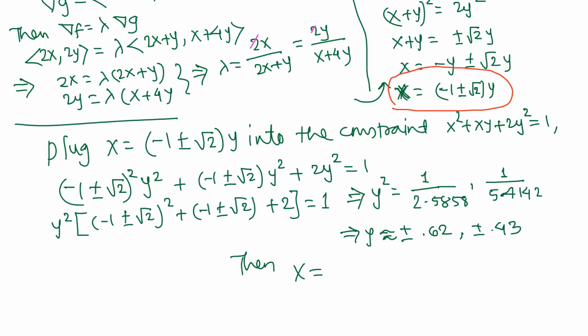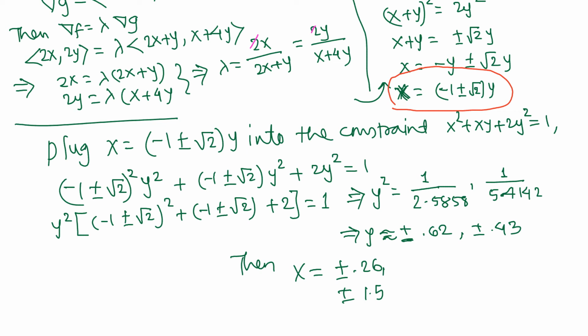So when we take positive, we get plus or minus 0.26. Then y equals the negative value, take y negative and plug in here, and we get plus or minus 1.5.